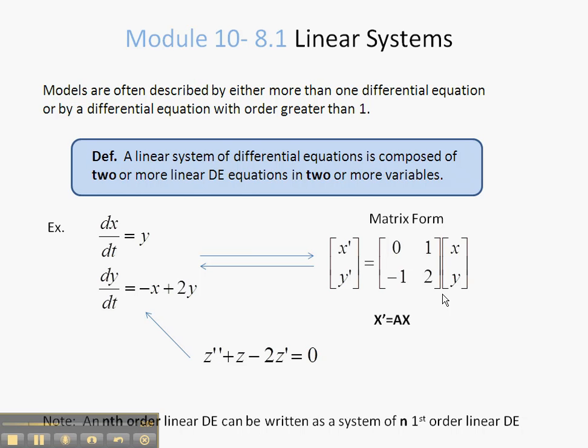If I had third order, I'd have 3 linear differential equations. You can see how it would be very important to know how to deal with these systems in matrix form, because in a way I can then understand how to solve and understand the solutions of high order linear differential equations in general.